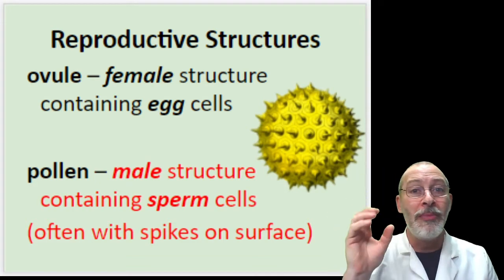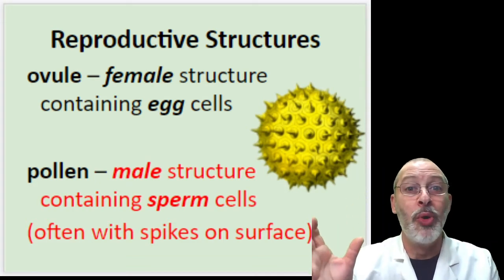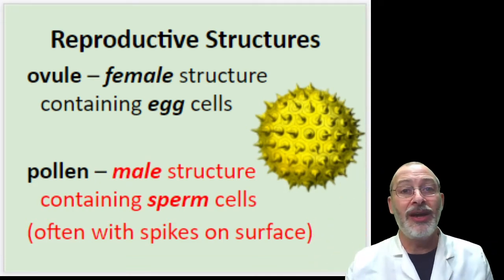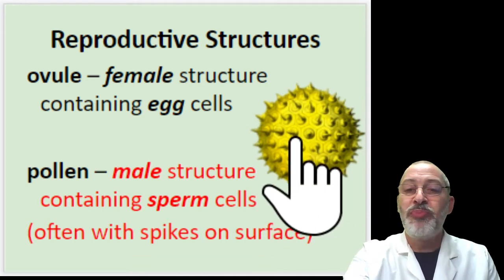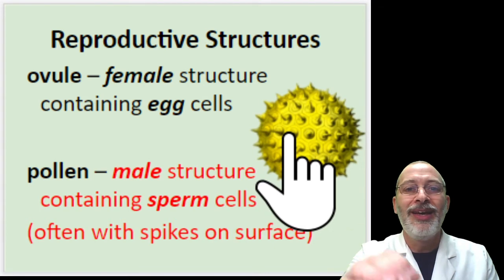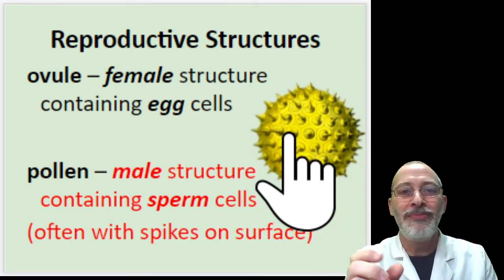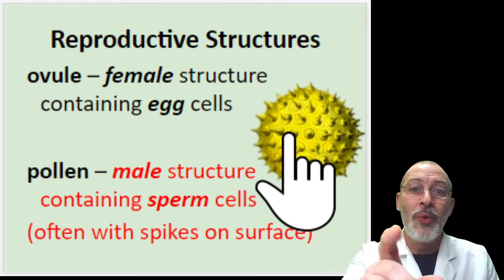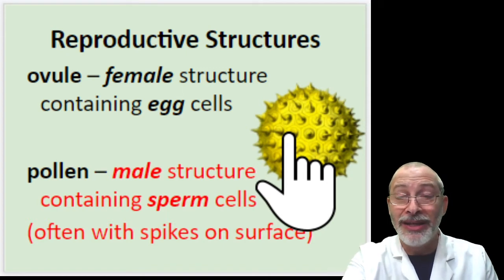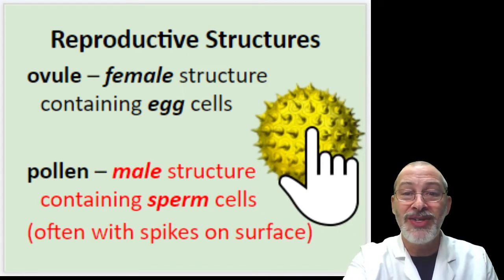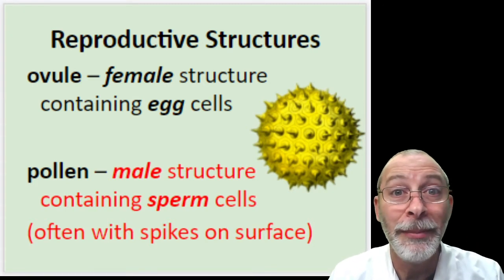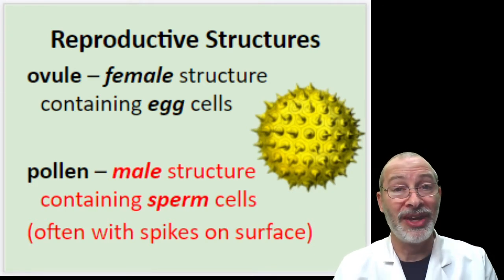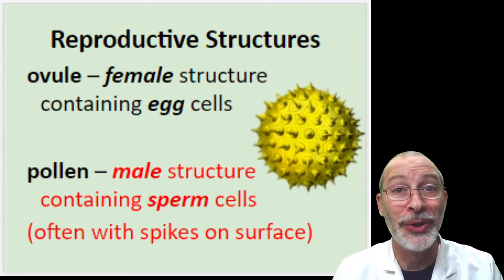If you throw them at a felt board of some kind, they'll stick on the felt board because those little spikes adhere or attach themselves to the fabric. So why do you think pollen might have these little spikes on their surface? Maybe to stick to something, and we'll get to that in a little while.